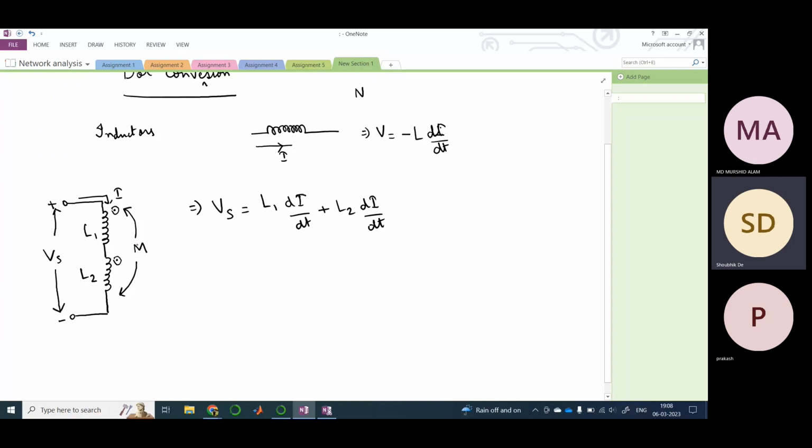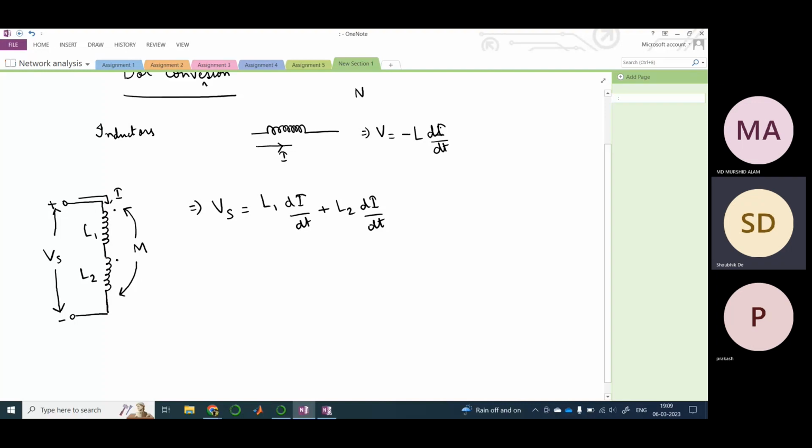Now, how to represent it in the form of an equation? See, if I remove the circles here, these dots, the current that is flowing through, this I is entering L1 where the dot is present at the top.